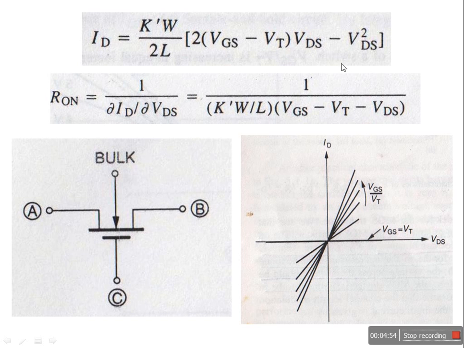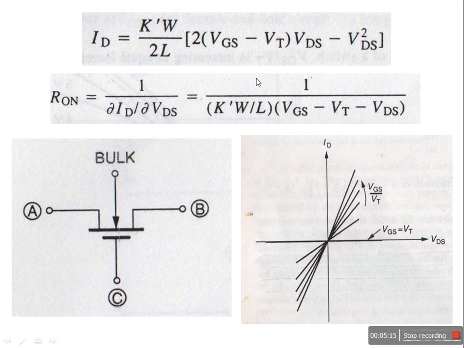Earlier also we have discussed this, not in this lecture, but in the previous lectures while modeling the MOSFET and BJT, we have seen that in the ohmic region the drain current can be defined using this equation.